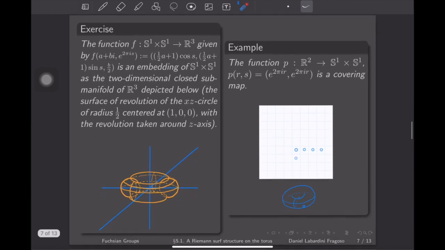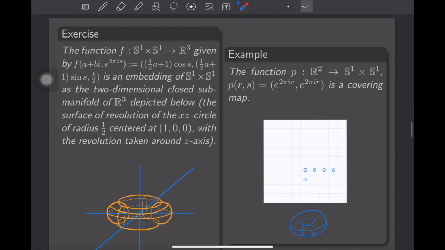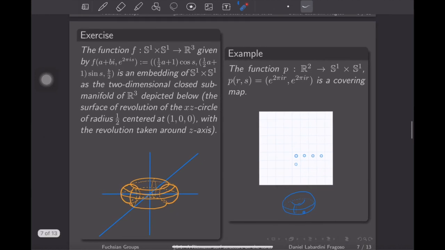And I leave you this exercise, which really tells me that I take S1 cross S1, which is a topological space on its own, and we are very used to simply drawing this as a torus, and draw something like this.